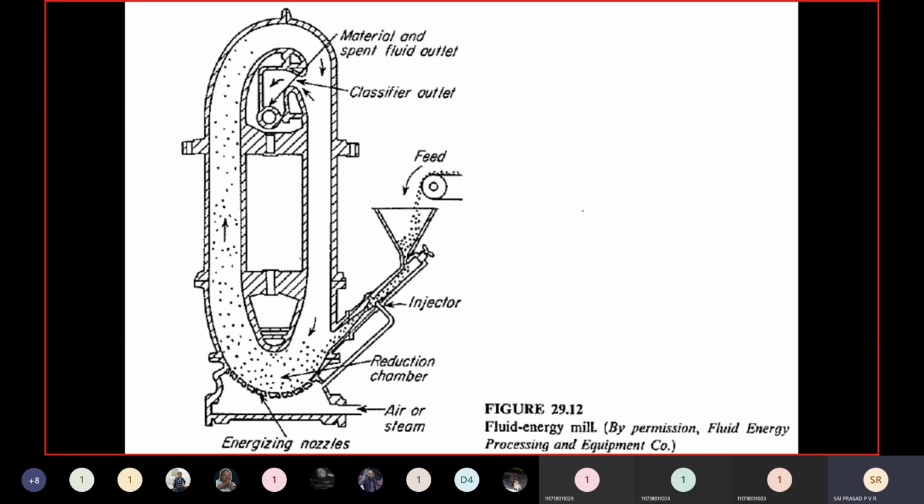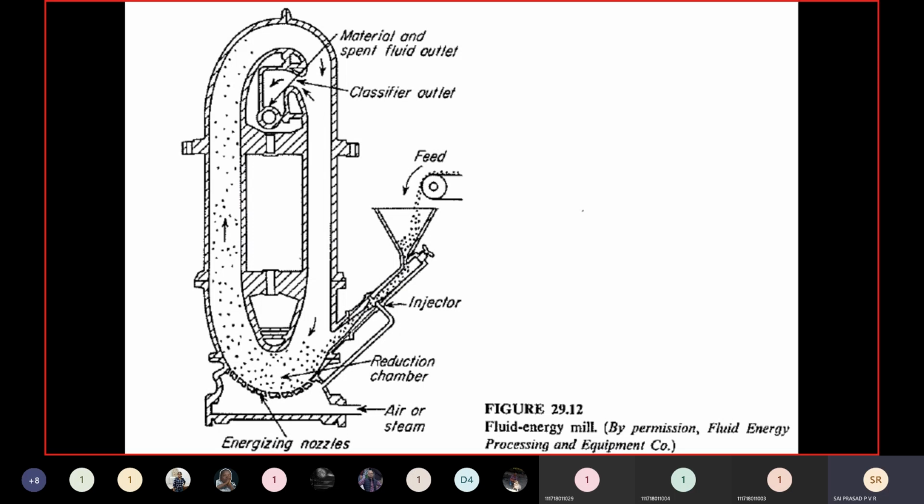So now we have left it as it is, and then the particles enter and the crushing takes place. You can imagine how much pressure and how much energy we are using here in the form of air and steam, and what we are getting exactly. What is the reduction ratio? It is very less.